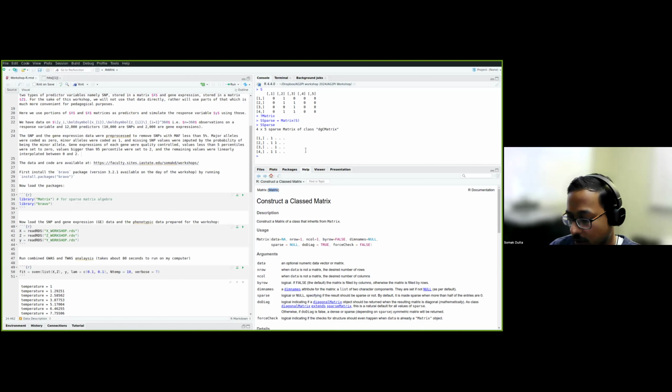Now, how do we do that? Let's say your S matrix, just to look at a toy example, is binomial.